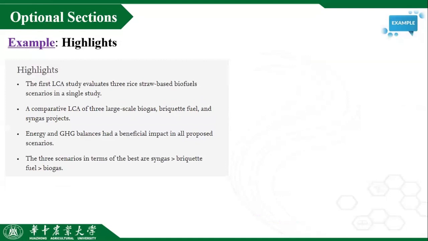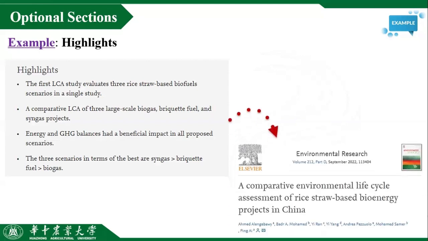This example of highlights has 4 points, and they are clear. They are in active voice. They don't have abbreviations except LCA and GHG, which are well known, like life cycle assessment and greenhouse gas emissions, and they are clear.